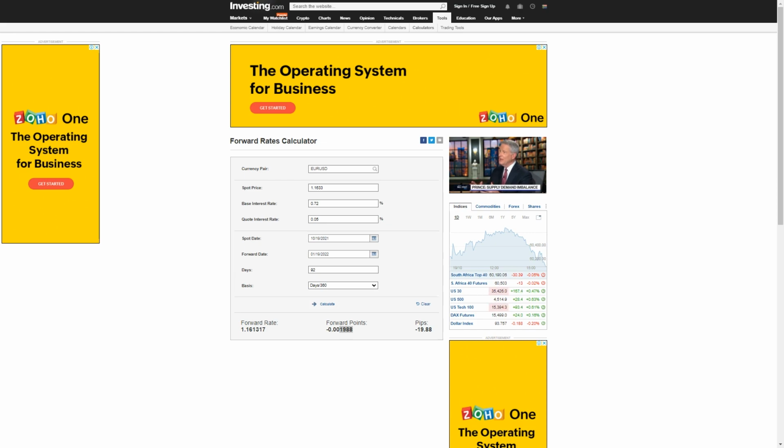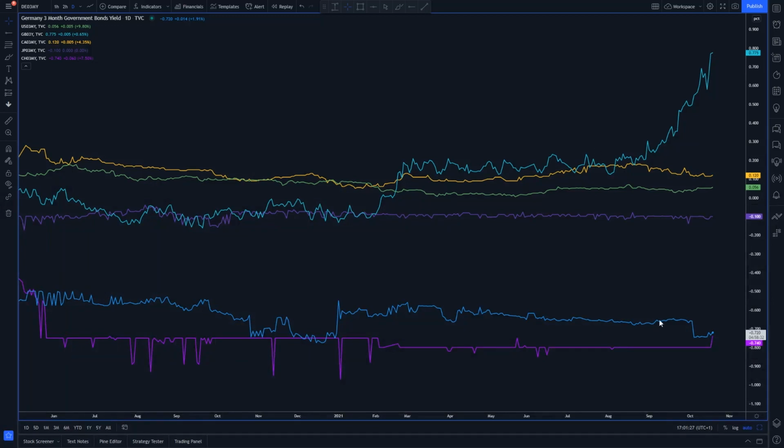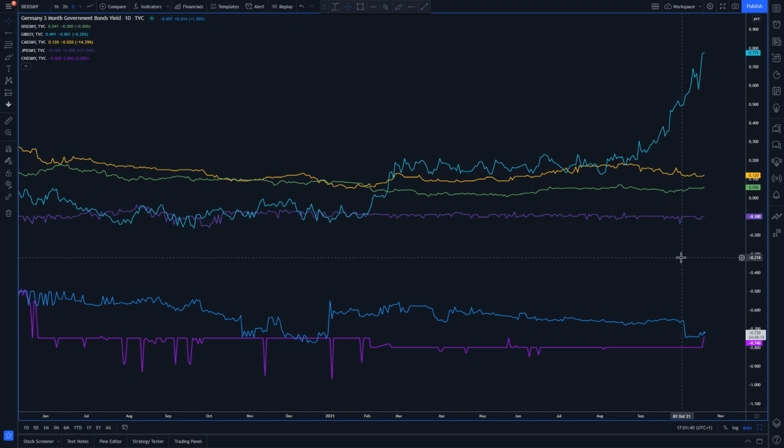So that's why, in my opinion, using forwards to reach this conclusion is just the long way around. If you just have access to a TradingView chart and you plot in the different bond yields, obviously you can get to a similar conclusion, in my opinion much more simply than using something like forwards.